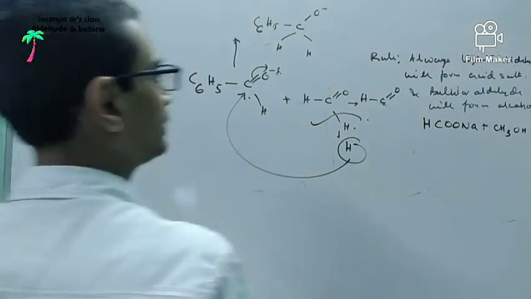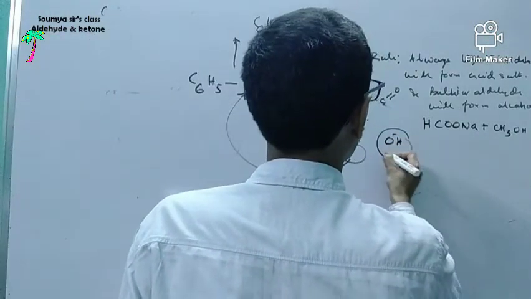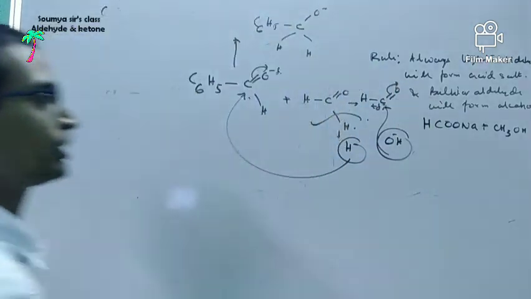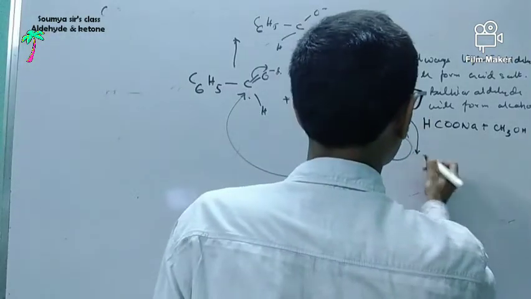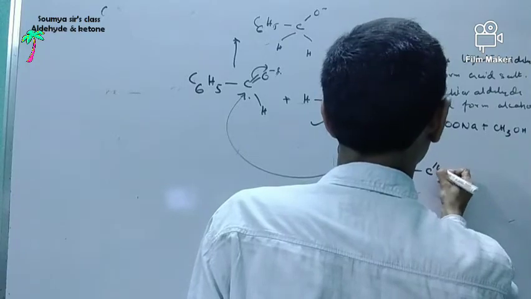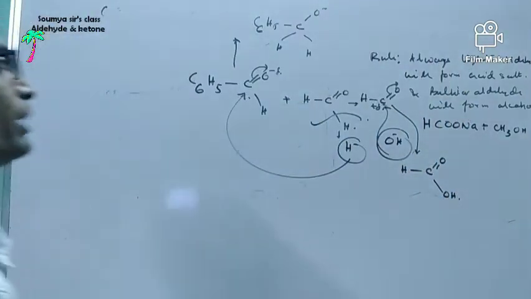The second part is the OH minus ion in the medium attacking the carbocation part. Here the electron comes over the oxygen, and it forms HCOOH, that is formic acid.